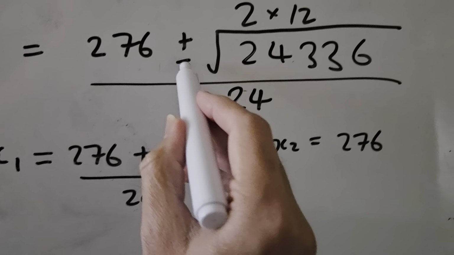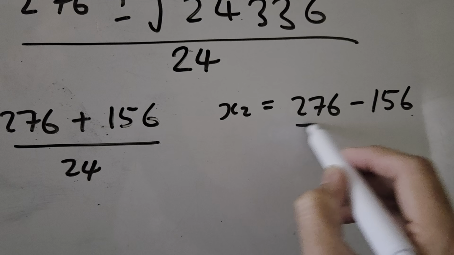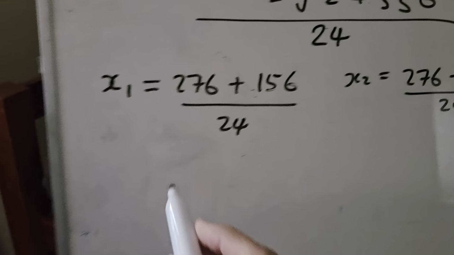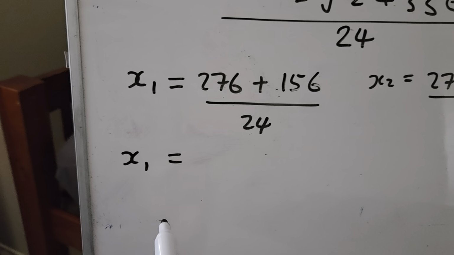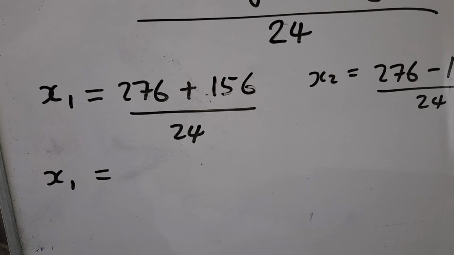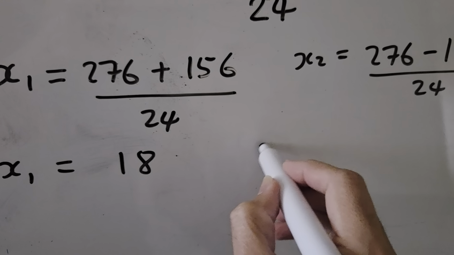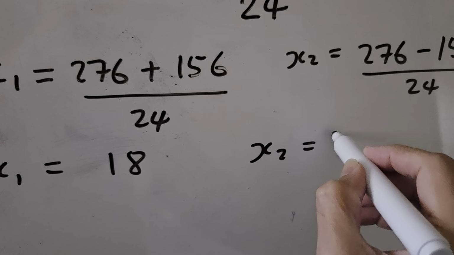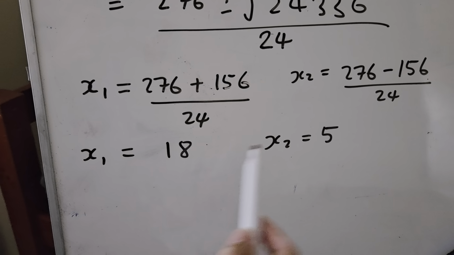First we follow the plus sign, now we follow the minus sign: minus 156 divided by 24. So your first x value is equal to 18, and the second x value we get over here is equal to 5. So x would be either 18 or 5.